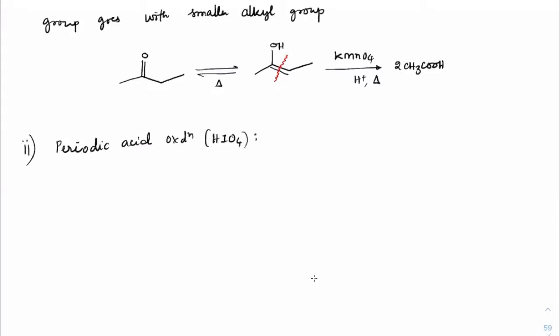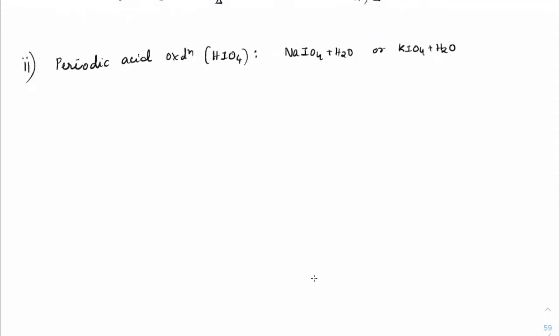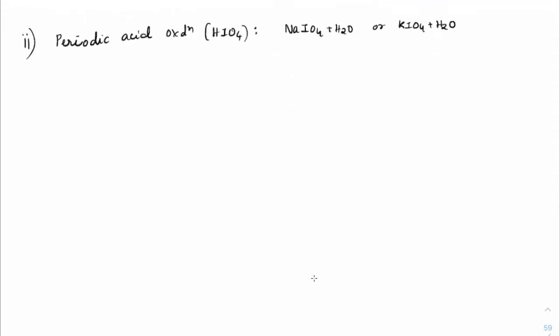We can directly use HIO4 or we can use NaIO4 in H2O, or KIO4 in H2O, and so on. How does the reaction proceed? For periodic oxidation, note that vicinal, all groups are mandatory.